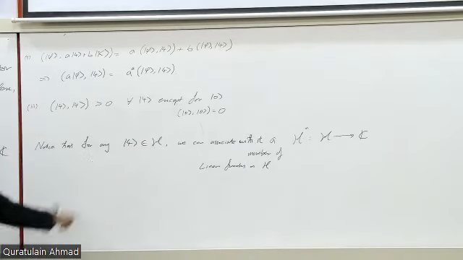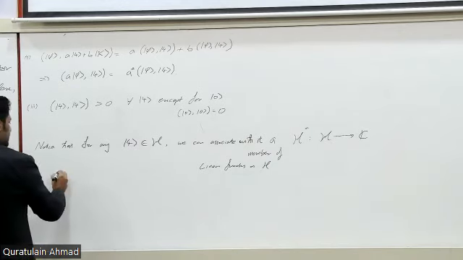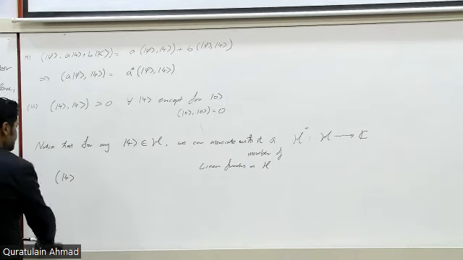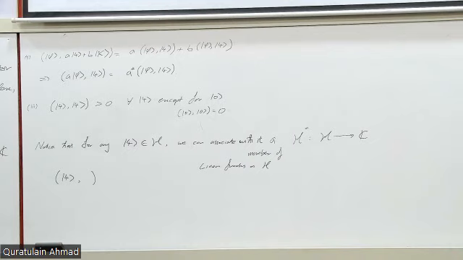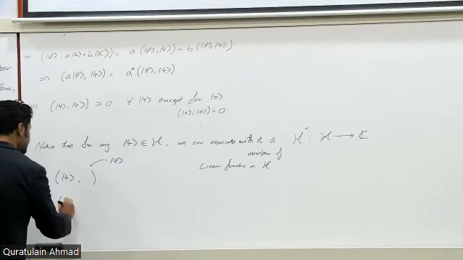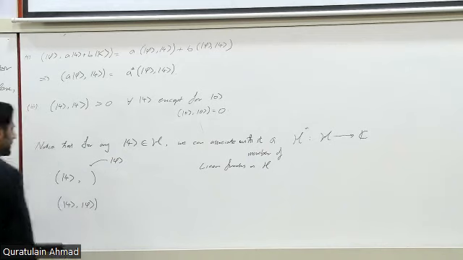By picking any psi from H, I can construct such a member of the dual by simply writing this. This object is a member of the dual space because I can give it any phi and this gives me a number.